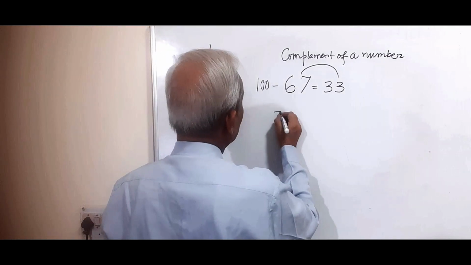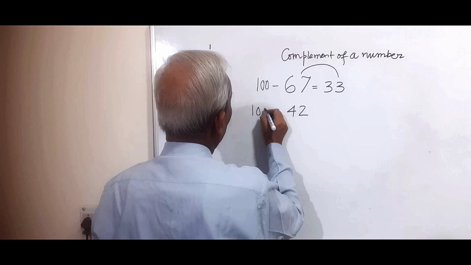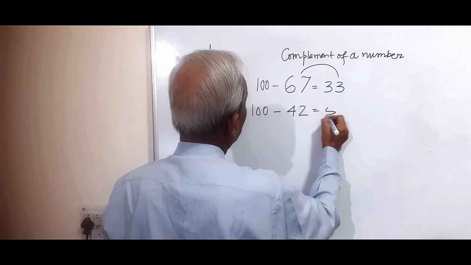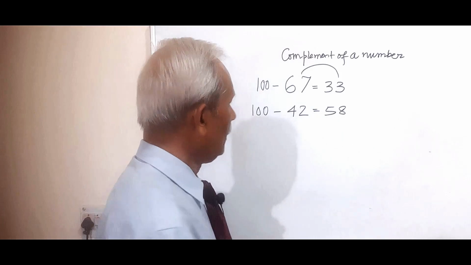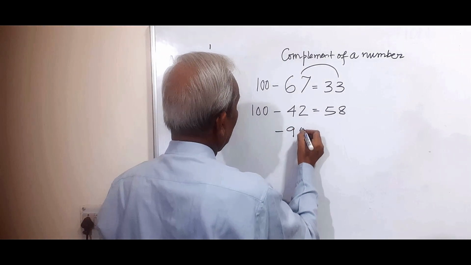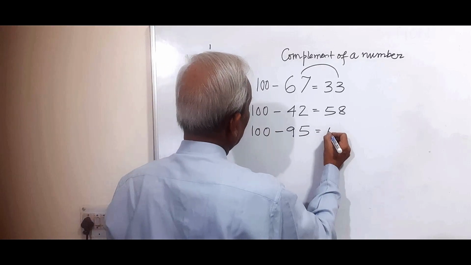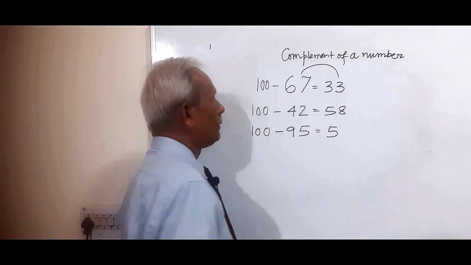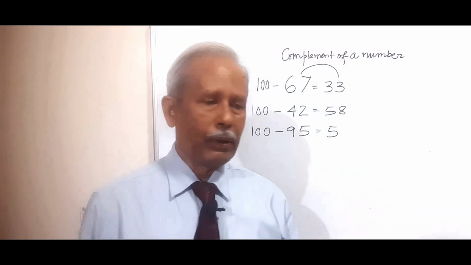If I ask you what is the complement of 42, it's 100 minus 42, which is 58. You have to understand this concept very clearly. And another one, what is the complement of 95? It's 100 minus 95, which is 5. This way we should know what is the complement of a number.